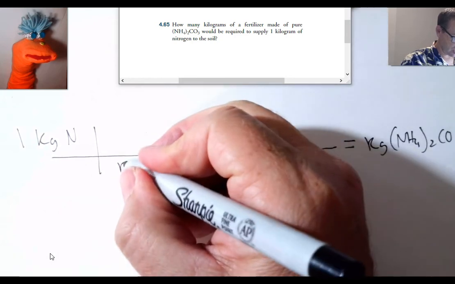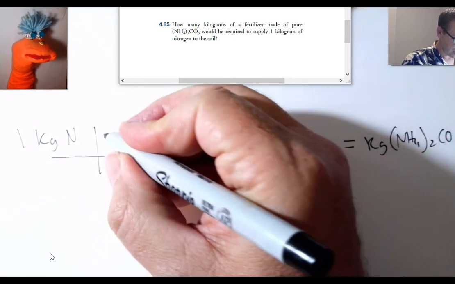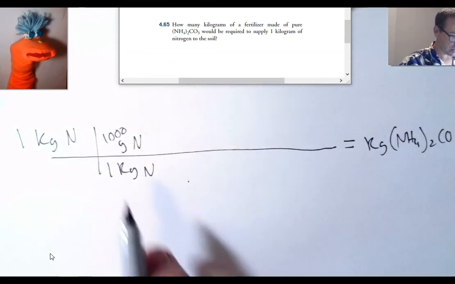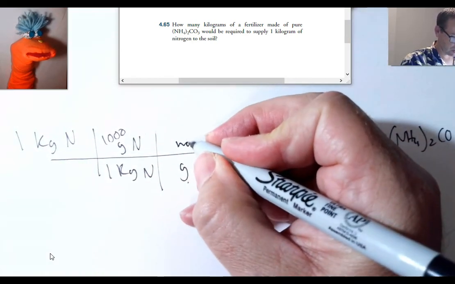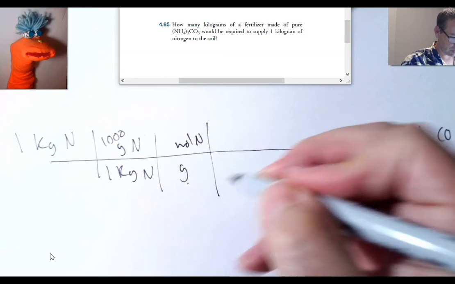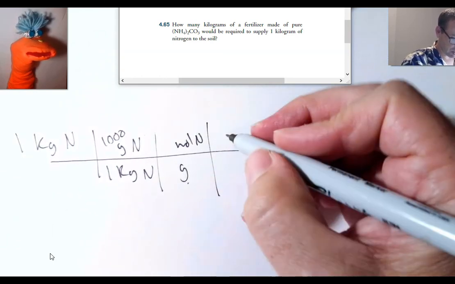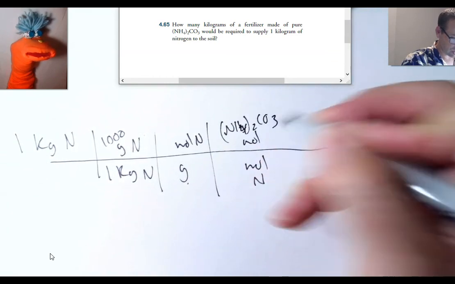So if I have 1 kilogram of nitrogen, I can go from kilograms to grams of nitrogen. And now why do I want to go to grams? Well, because I know grams to moles easy, right? I know grams to moles of nitrogen. And if I go from moles of nitrogen, I know moles of nitrogen to moles of ammonium carbonate easy, right? (NH4)2CO3.